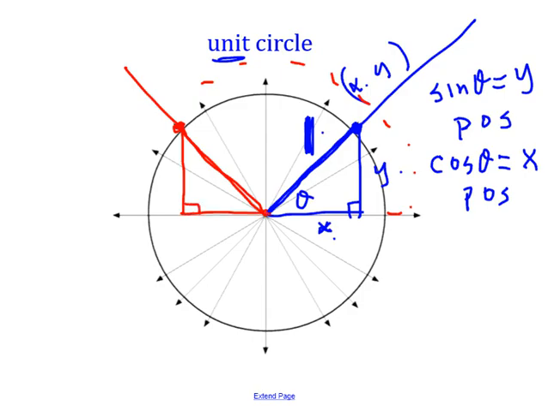Again, here's my 1. That's still 1, the same length as before. This is not theta anymore. This is theta reference, because theta is really the angle all the way to here. But see, that triangle is the same. The sine of theta is still the y, because it's still the opposite side.